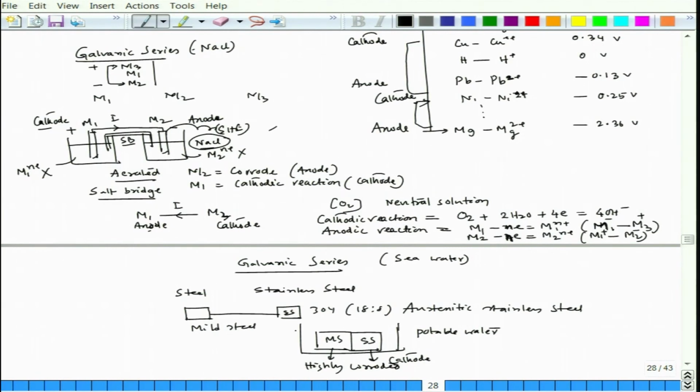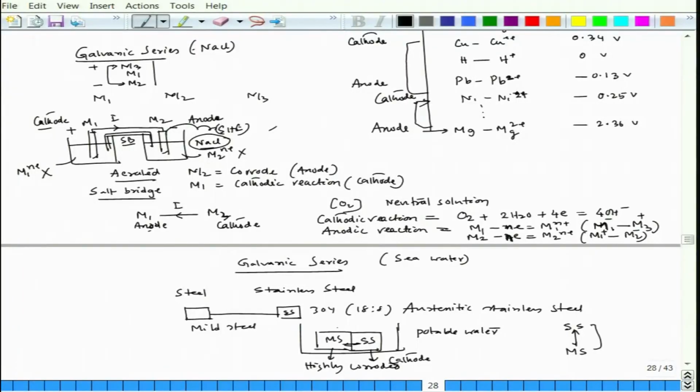Because if we compare the galvanic series in potable water, SS would always stay on top of mild steel, and the difference in potential, even if you measure it in the potable water, is large. When you connect them, a large current will flow from SS to the mild steel through the conductor, the external circuit, and here this is the electrolyte.